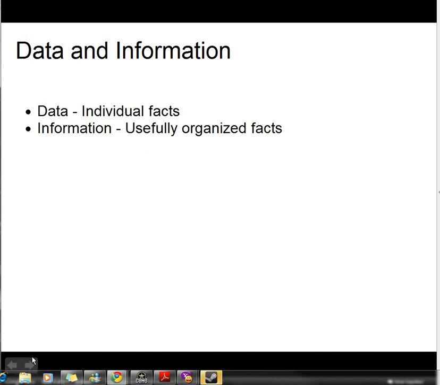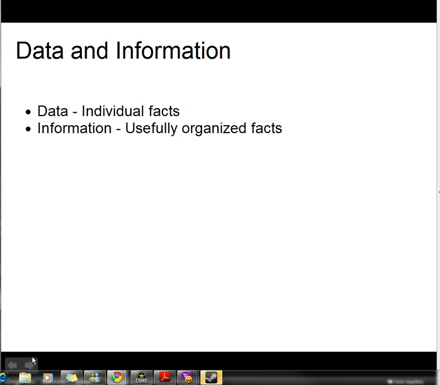One other thing I want to talk about really quickly. It sort of mentions it in the book. Probably shouldn't mention it at the beginning, but there is such a thing as data and there is information. Okay, data basically is just individual facts, while information is usefully organized facts. How does this work?